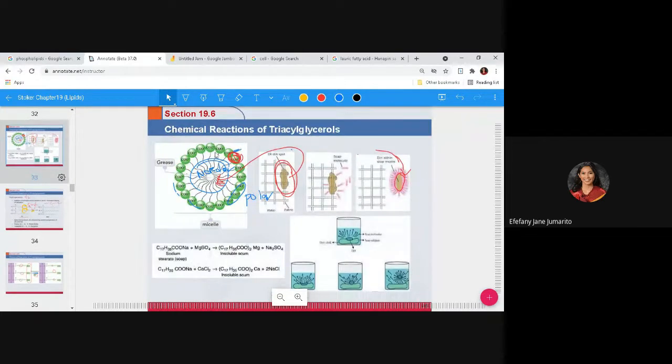Just like this one, this is a micelle. Our cell membrane works like this. It has a polar head and a non-polar tail. The non-polar tails face each other in the lipid membrane.